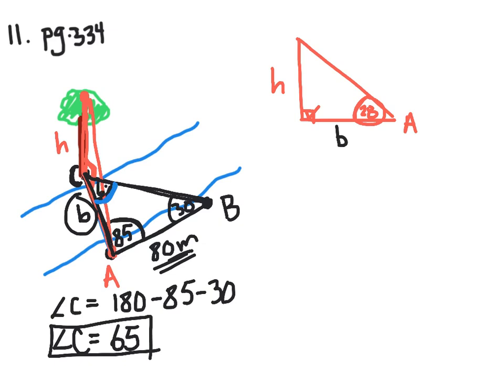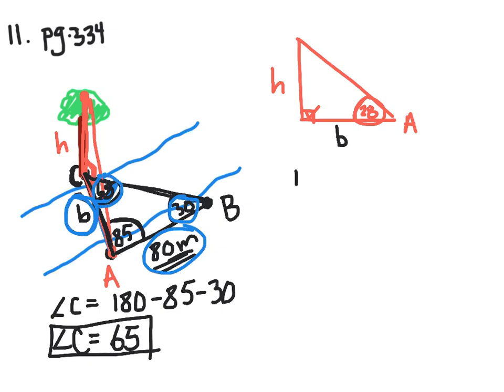Now, if that's 65 right there, then we can also figure out what little b is equal to, because we could set up the sine law. The sine law for triangle ABC, if you're trying to find little b, remember, we have little b, we're trying to find little b, and we have big B. We have little c, and we have big C. So we could set up the sine law in this manner.